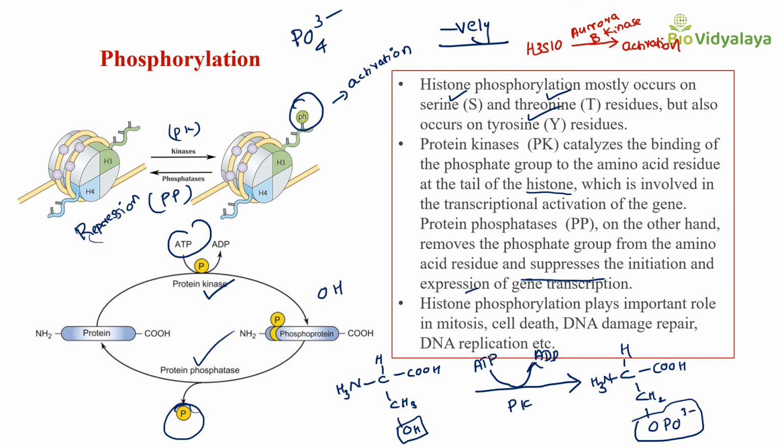Serine 10 of histone H3 during mitosis by Aurora B kinase is an example for histone phosphorylation. And histone phosphorylation plays important role in mitosis, cell death, DNA damage repair, DNA replication, etc. Okay. So that's all about phosphorylation.